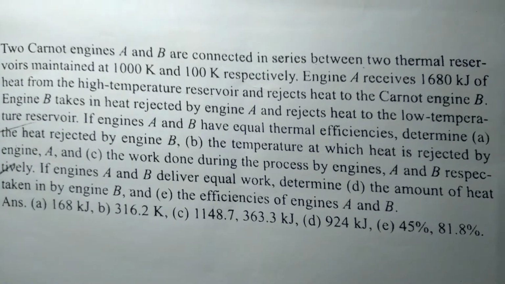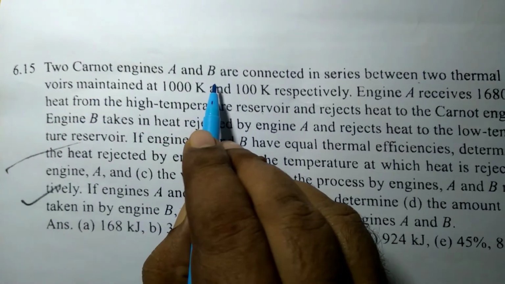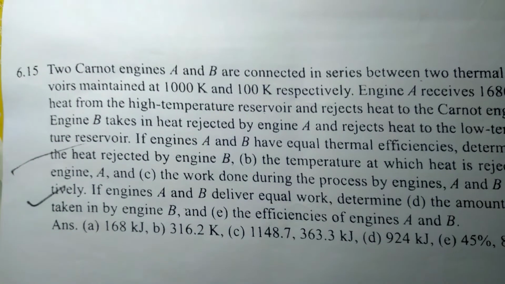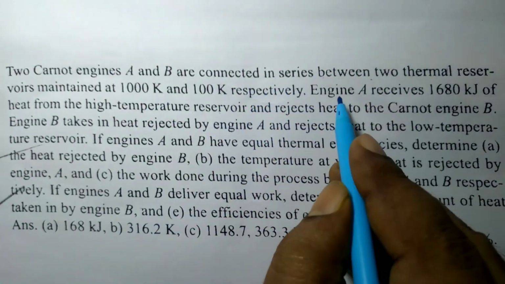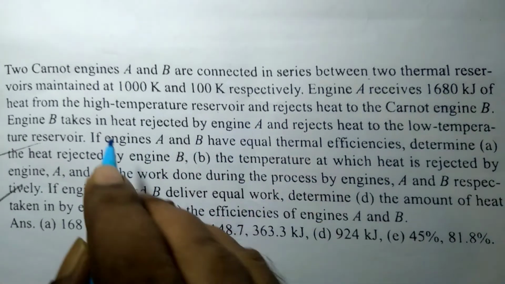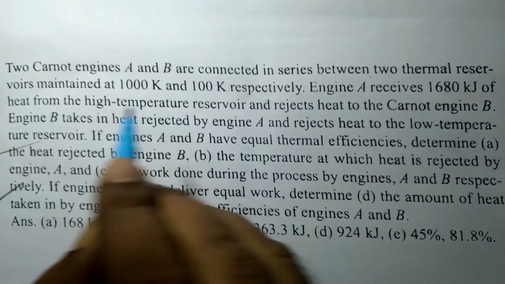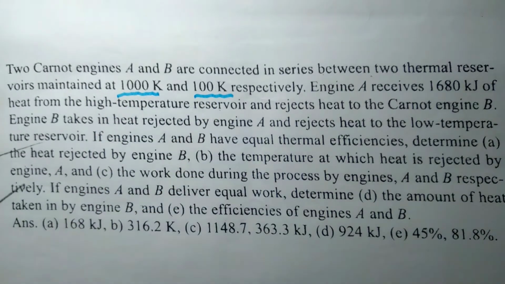Two Carnot engines A and B are connected in series. Obviously Carnot engines means reversible engines. A and B are connected in series between two thermal reservoirs maintained at 1000 Kelvin and 100 Kelvin. These are two extreme temperatures, T1 and T2, as it was in the previous example.